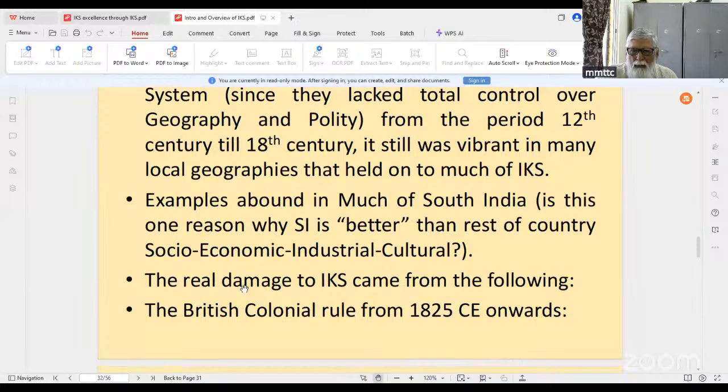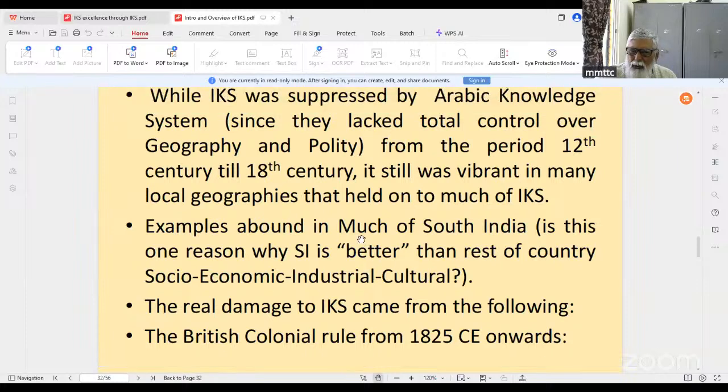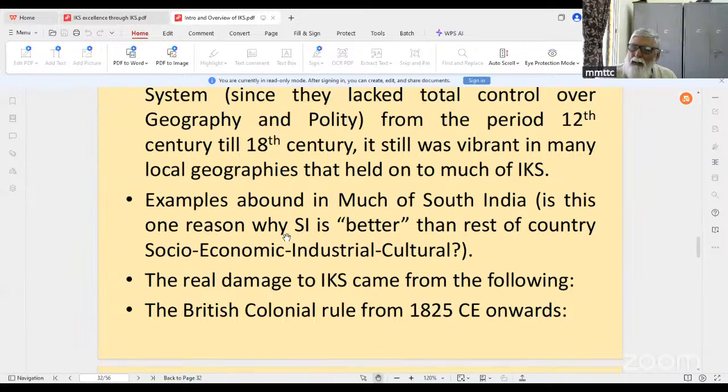And till the 18th century, it was still vibrant because people locally were managing, and the examples abound in much of South India. One of the reasons why South India is better than the rest of the country socially, economically, industrially, culturally is because we were not suppressed so much by the Arabic knowledge system, unlike North India.